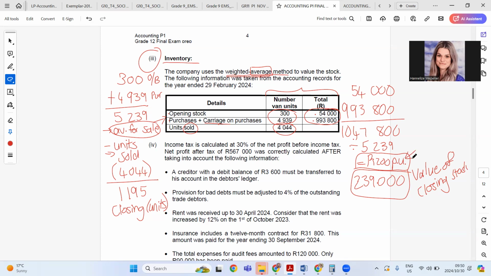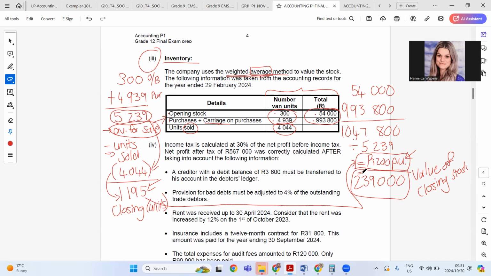That is multiplied by the number of units in stock at year end, which we got by taking our opening stock plus purchases minus any returns, giving available for sale units, minus units sold, giving our closing units.